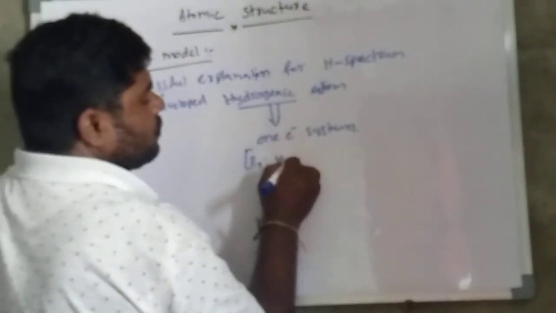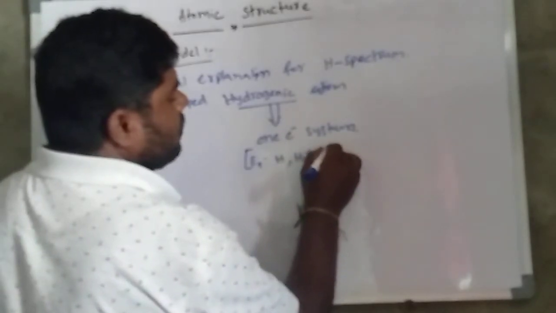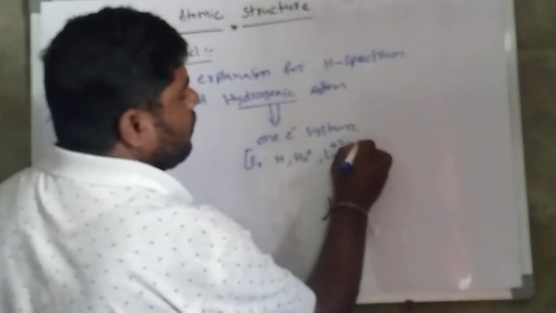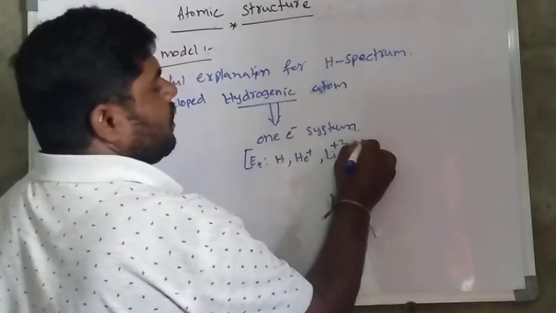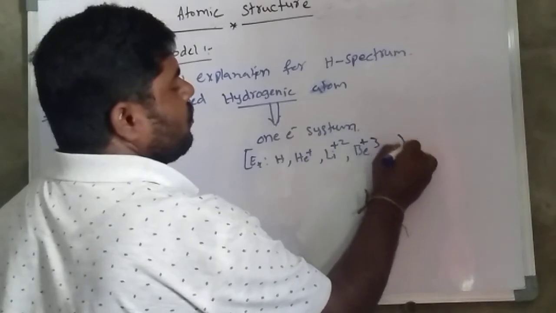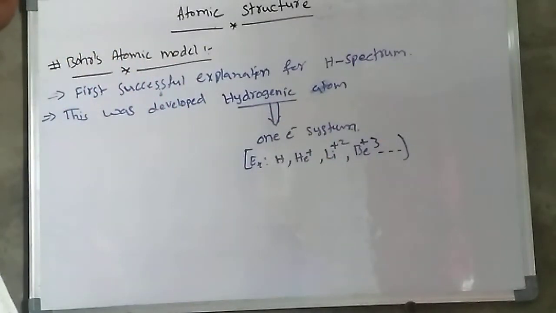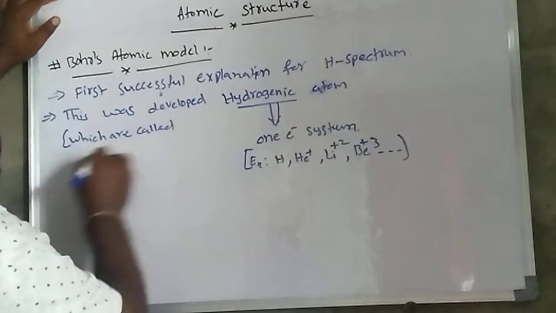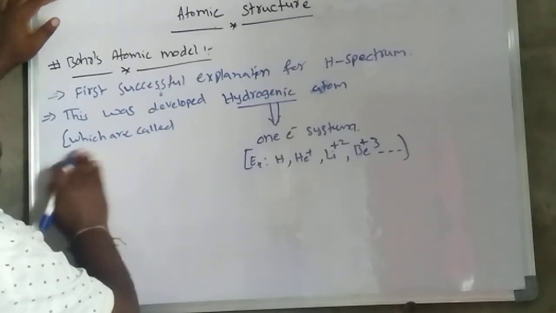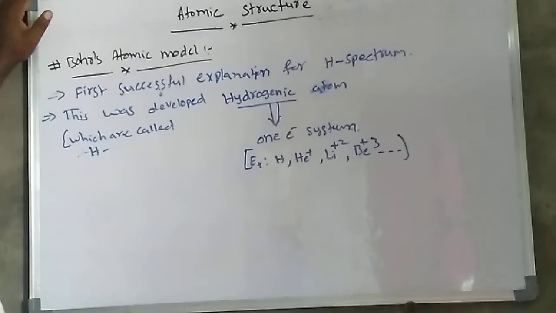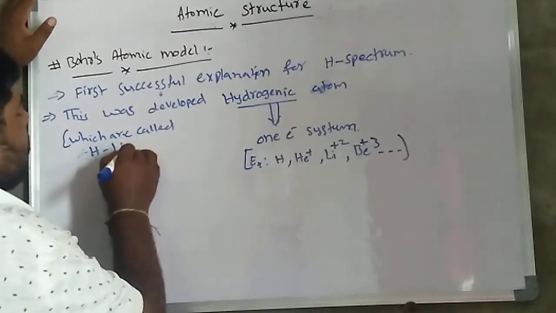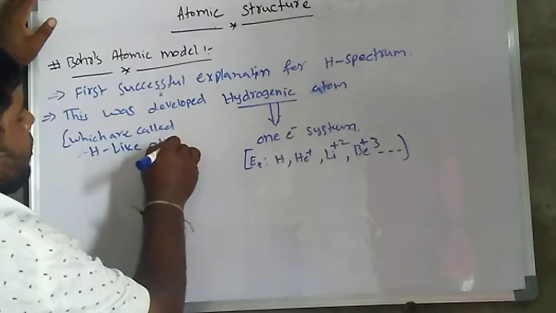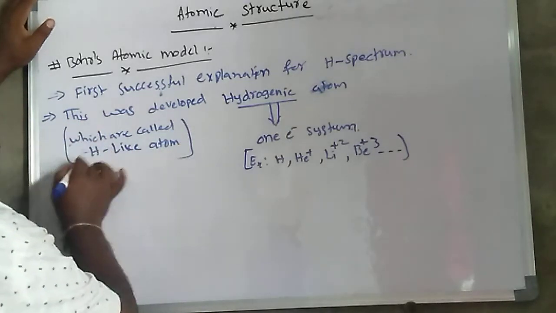The best examples are hydrogen, helium plus, lithium plus 2, and beryllium plus 3, and so on. These atoms are nothing but hydrogen like atoms, which are also called hydrogen like atoms.